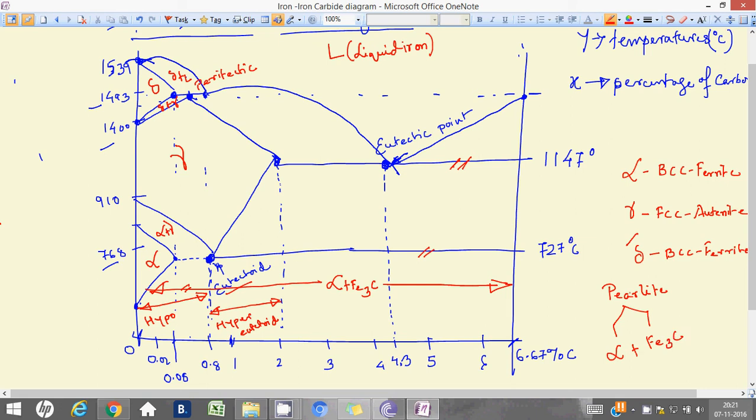If we add this alpha ferrite plus Fe3C, we will get pearlite. So this Fe3C can be called cementite. So I hope it is quite clear what is alpha, what is gamma, what is delta, and what is pearlite.